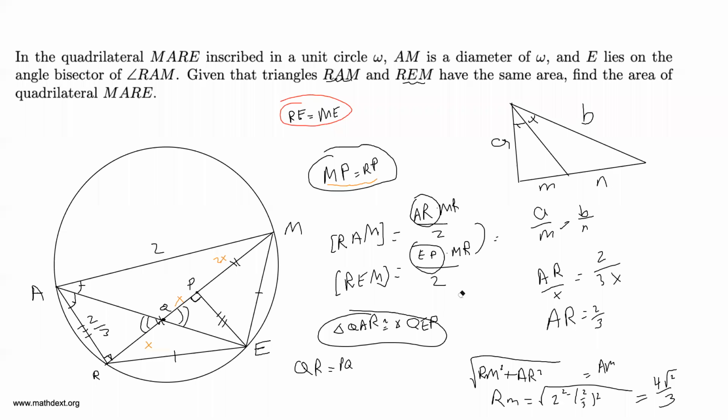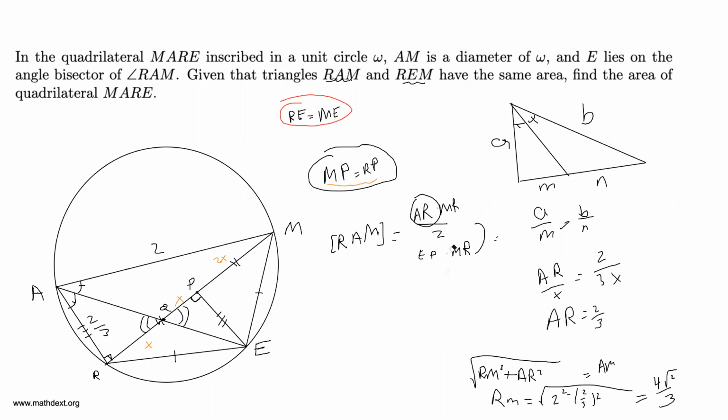Okay, now let me clear up some space so I can write the final steps. We have RM is 4 root 2 over 3, so triangle RAM has area base times height divided by 2: AR is 2/3 times MR is 4 root 2 over 3 times 1/2, which is equal to 4 root 2 over 9. We want the area of quadrilateral MARE.